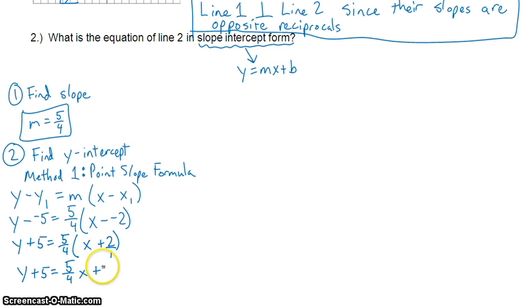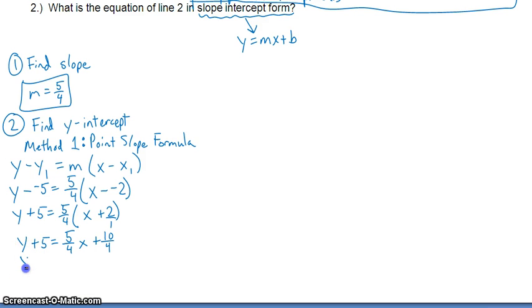So my answer is really 10/4. Well, I can simplify 10/4. So I have y plus 5 equals 5/4 x plus, these are both even, so I can divide both of these numbers by 2 and get 5/2.